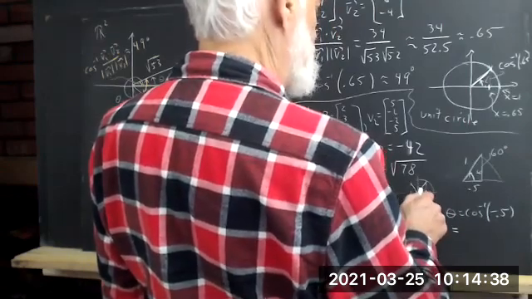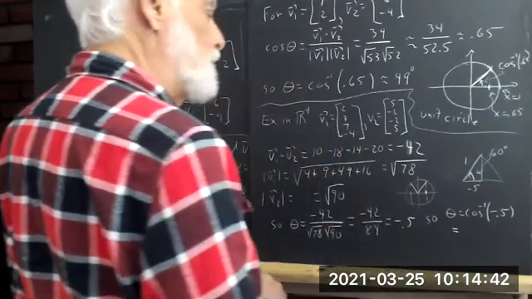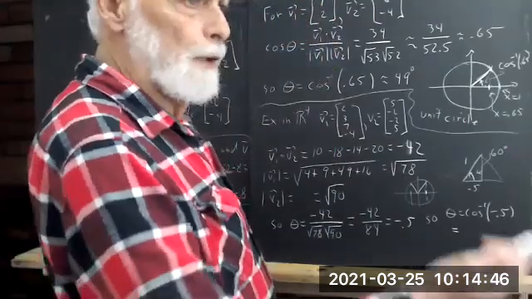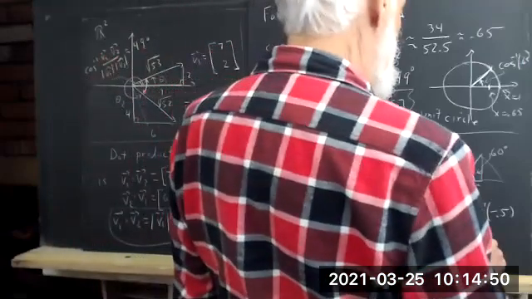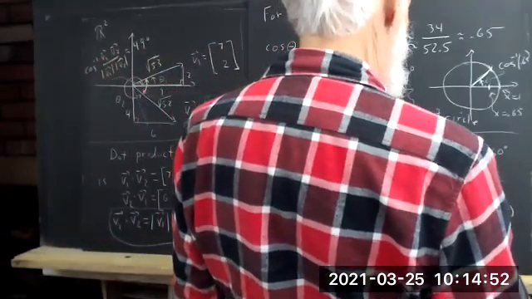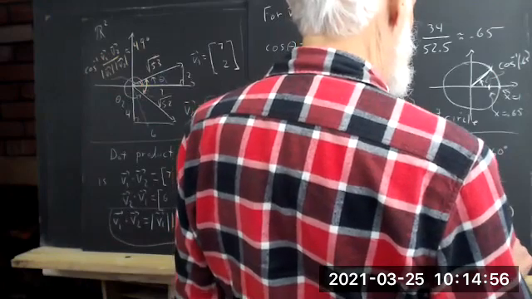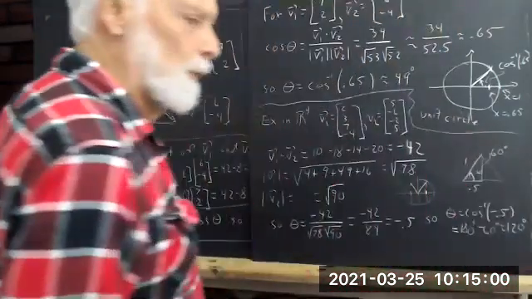Here's the inverse cosine of negative 0.5. And you see that the inverse cosine of negative 0.5 is 180 degrees minus the inverse cosine of 0.5. That's 120 degrees.